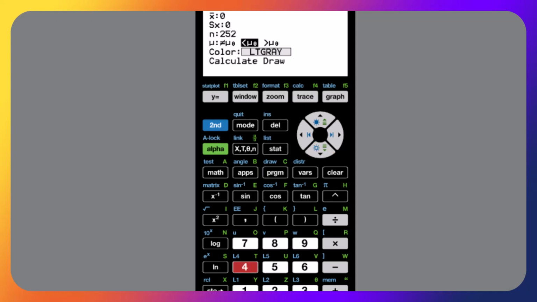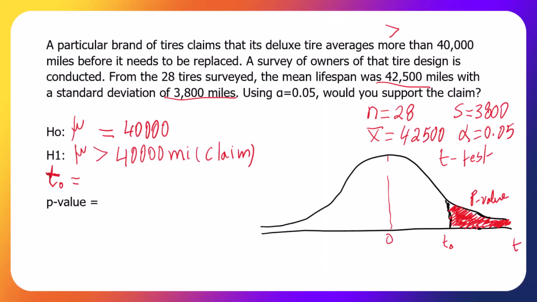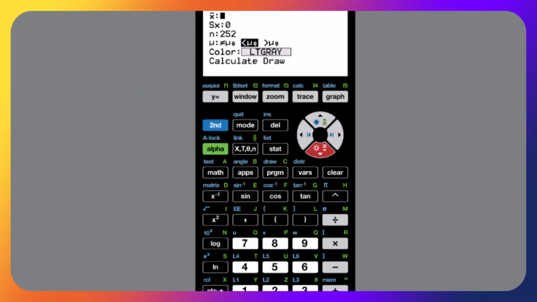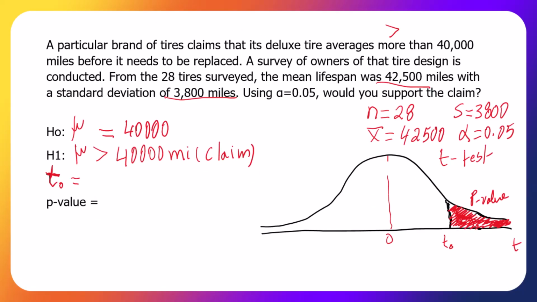What the value in the null hypothesis? 40,000. X bar, let me look them up one more time. 42,500 and 3,800. Is that what we have for the standard deviation? Yeah.